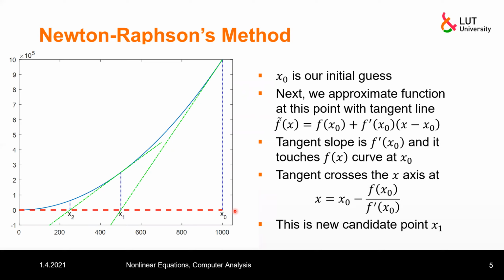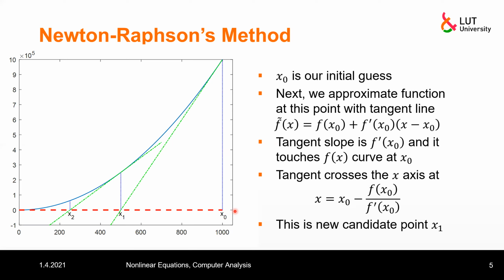If you have noticed, this method's convergence rate is high, so you can get quite fast to the correct solution if you get there. Because there are cases where it cannot converge.